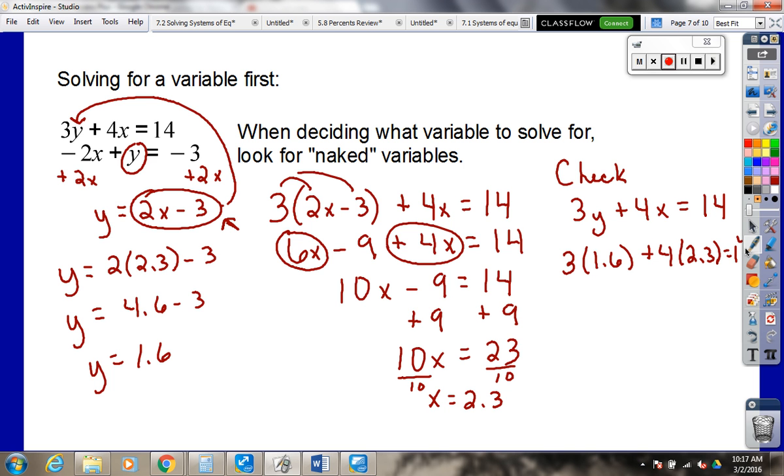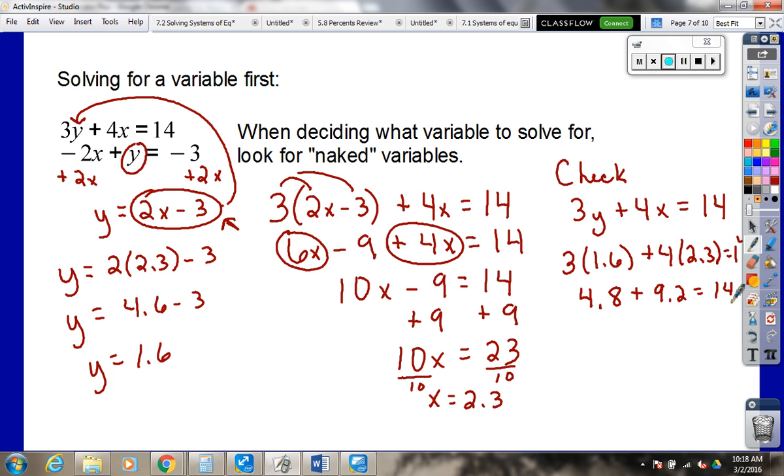What's 3 times 1.6? It's 4.8. Now what's 4 times 2.3? 9.2.